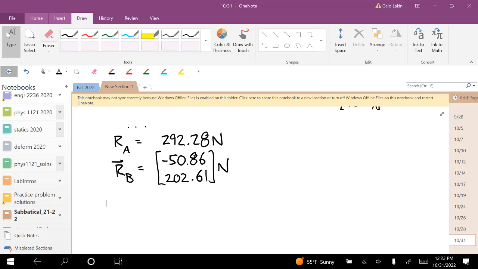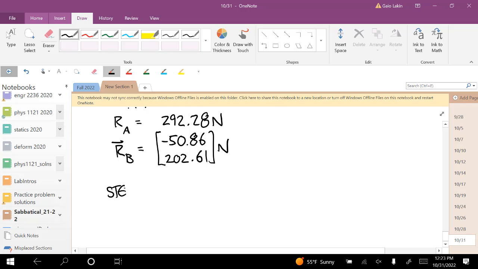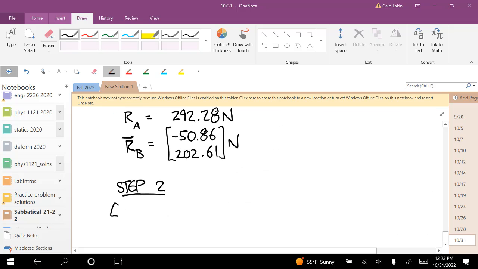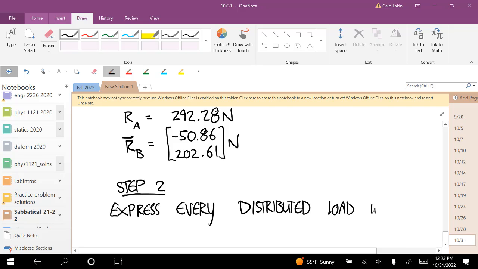So now step 2. Express every distributed load in vector components in the original coordinate system.